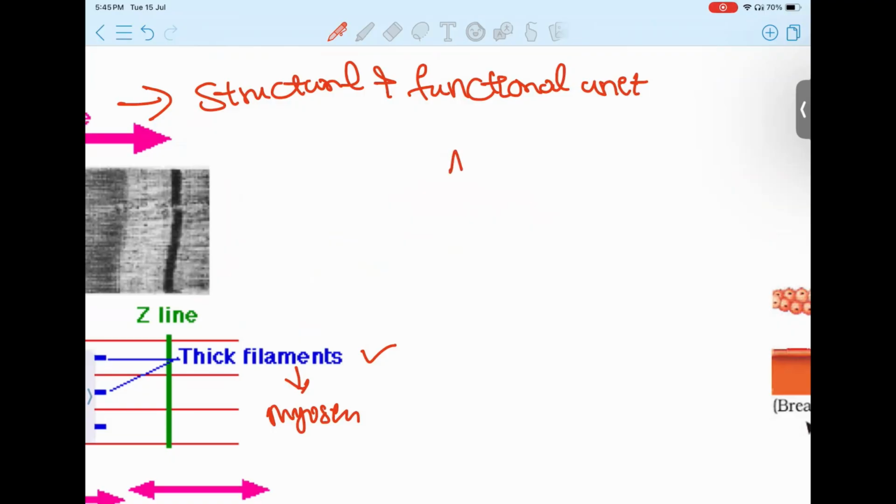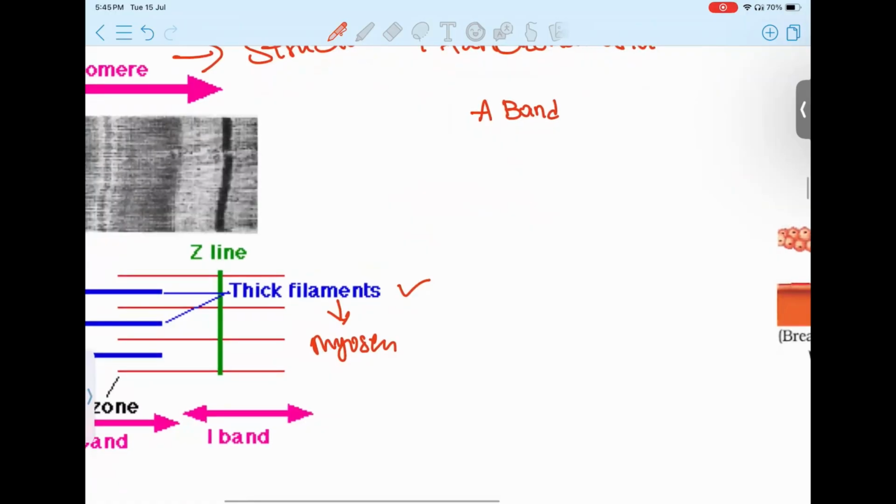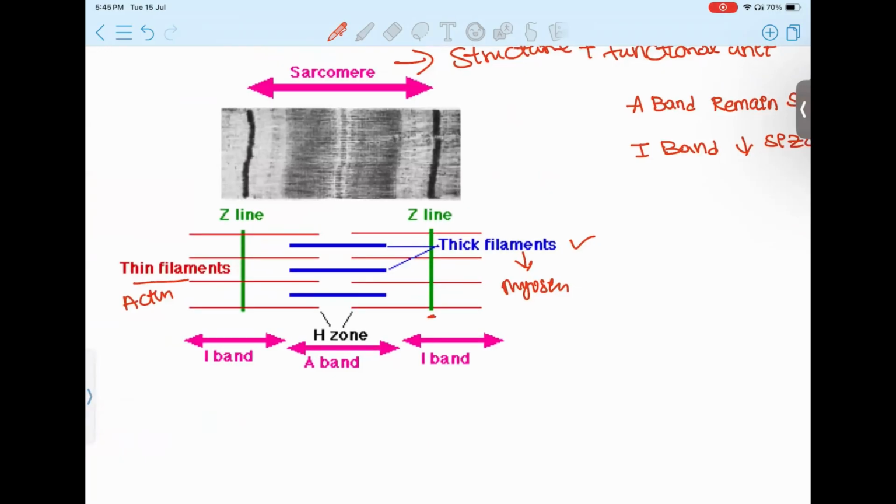So the first thing that you have to know, the A band. The A band, which is mostly your myosin, is going to remain the same. And then coming to the I band, that is going to decrease its size. When there is a contraction, these are your I bands. In the contraction, these I bands will be coming together, so that will cause the decrease in size.